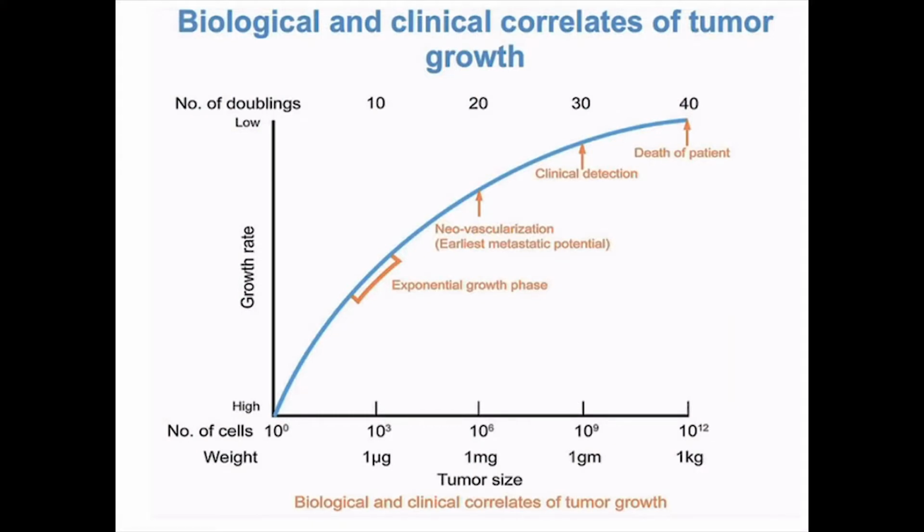As you go up the chart, that represents the growth rate. It's growing faster and faster. As you go from left to right across the chart, that indicates the number of cells there or the weight of it. You have the weight underneath and the number of cells above it.